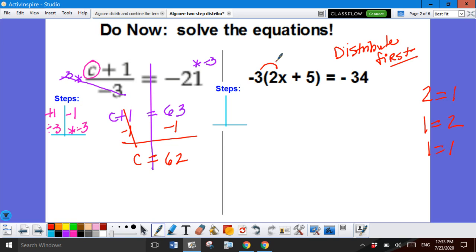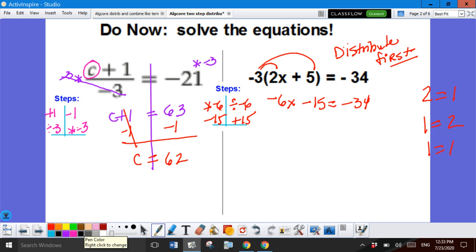So let's multiply. -3 times 2 is -6. -3 times 5 is -15. Okay, now I'm going to do my steps. Times -6, divide -6. -15, plus 15. So the first thing I'm doing is adding 15.